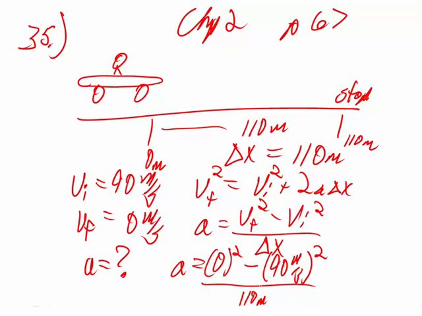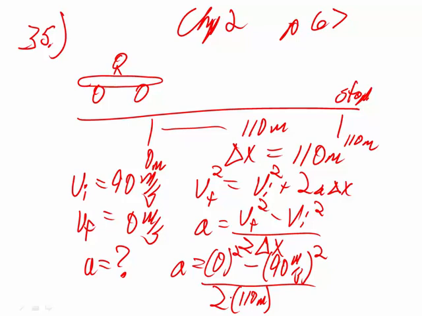So we get 90 squared, and it's negative, but we'll put that on in a minute. So 90 squared divided by 110, and what do we get? No, why does that not look right? What in the heck have I done wrong? Oh, shoot. I forgot the 2 there. It's 2 times that. Whoops, my bad.